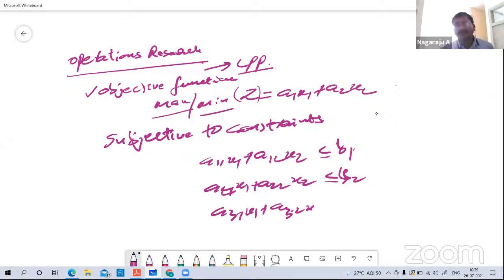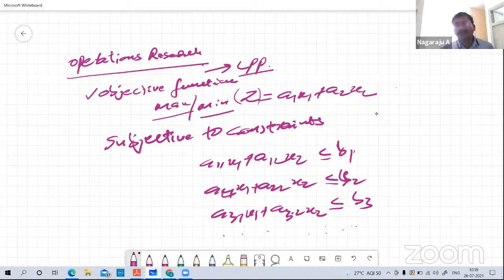See here, less than or equal to or greater than or equal to. Now some constraints are equal also. So if I take a51x1 plus a52x2, it is equal to b5.